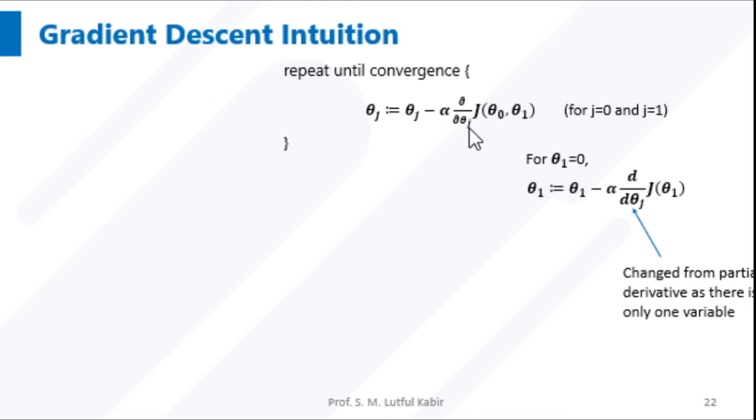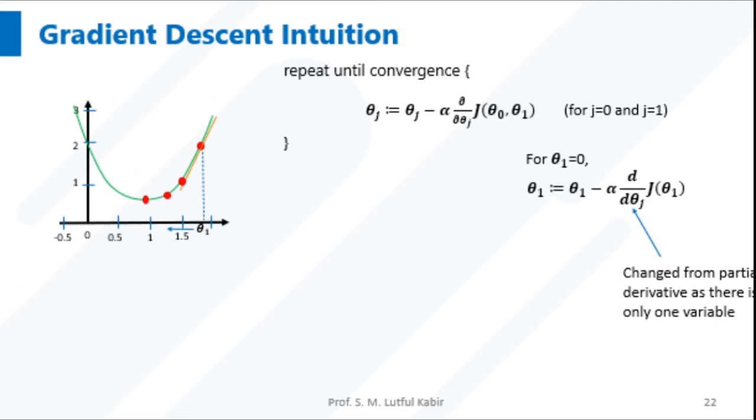And the term adjacent to alpha is the derivative term, the derivative of J with respect to theta j. So let us use a slightly simpler example where we want to minimize a function of just one parameter. So we have a cost function J of just one parameter, theta 1, like we did a few slides back, where theta 1 is a real number. So again we can have a 1D plot.